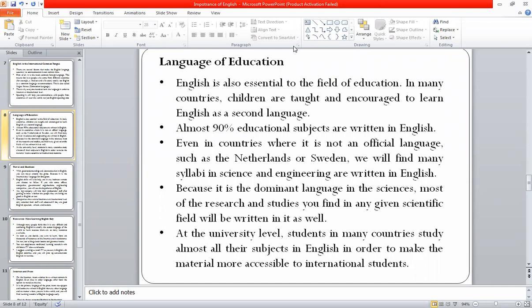They are trying to provide you the syllabus in English language.